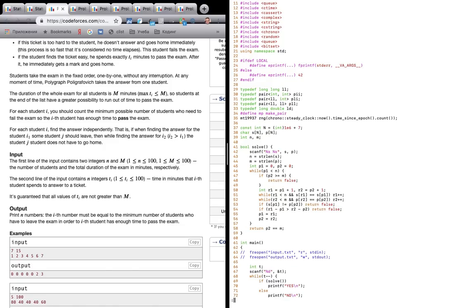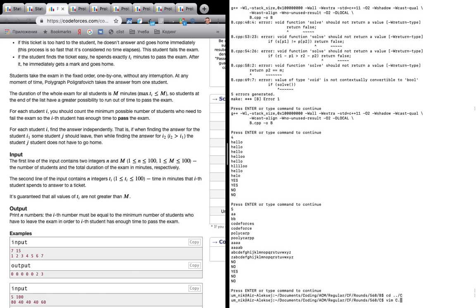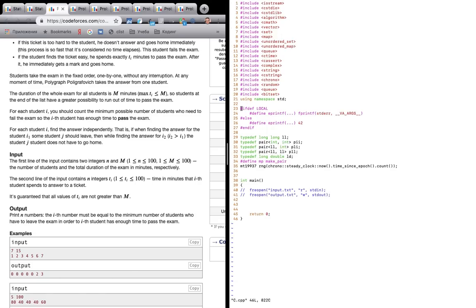For each time we will know the number of students currently with that time, and we can calculate the maximum number of students that can pass the exam in 100 iterations, and it should be enough.